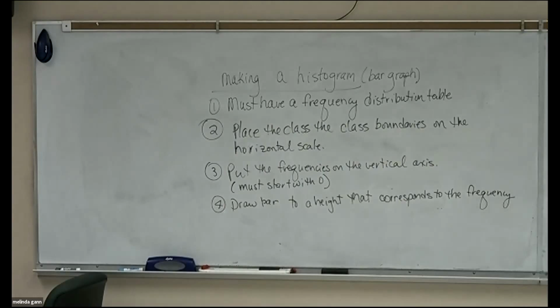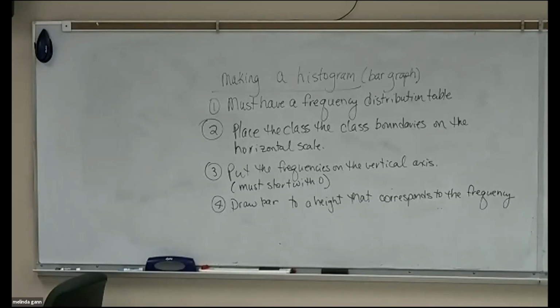Hopefully you can read them. My writing's not great. Okay. And then we're going to do one. So step 1 is you've got to have a frequency distribution table. Step 2 is you've got to go find those class boundaries. That's why you had to find it for homework. Then those boundaries go on your horizontal scale and the frequencies go on the vertical scale. And then you simply draw those bars.